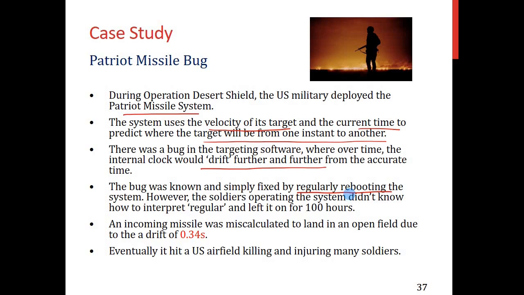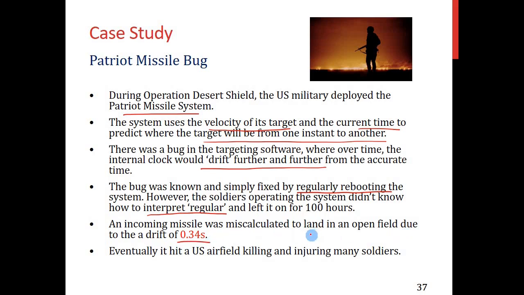But again, this is a common problem of communication between a developer and the user, correct? When they said regularly reboot a system, there was no clear guideline on how to interpret this term regular, correct? And so what happened was the system was left on for more than 100 hours, okay. And what happened was incoming missile miscalculated to land in open field, okay, due to the drift of 0.34 seconds.